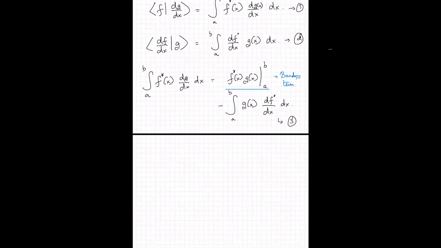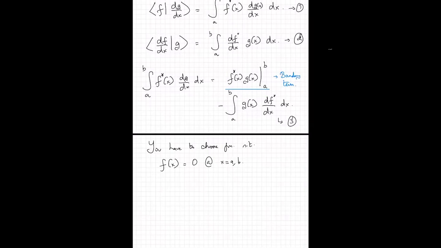The way I will get close is by saying that you have to choose functions such that either f of x equals 0 at x equals a, b. That is certainly possible. If f of x is 0 at either a or b, then f star of x is also trivially 0 at a, b.